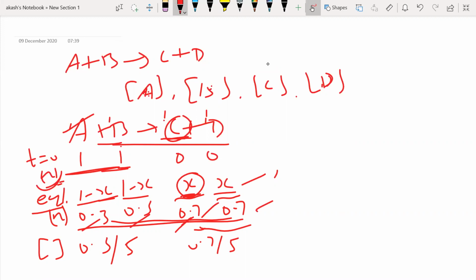Now we are talking about equilibrium concentrations, so it should be number of moles by volume, and the volume is given to be 5 liters. So the equilibrium concentrations of A, B, C, D are this divided by 5, this divided by 5, this divided by 5, this divided by 5.